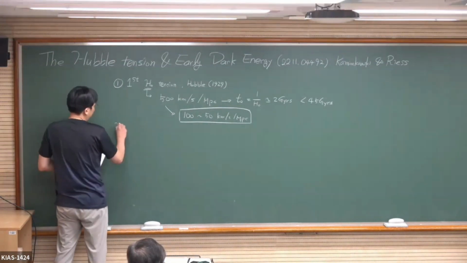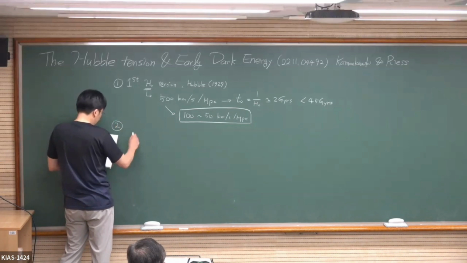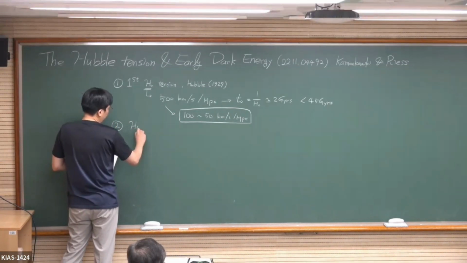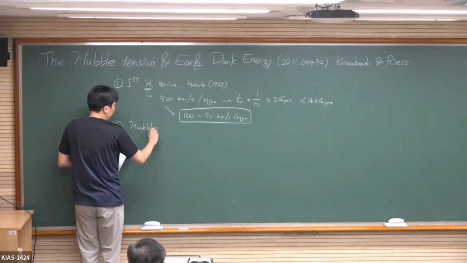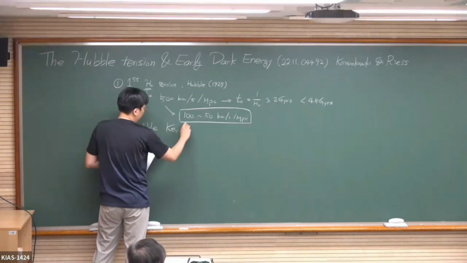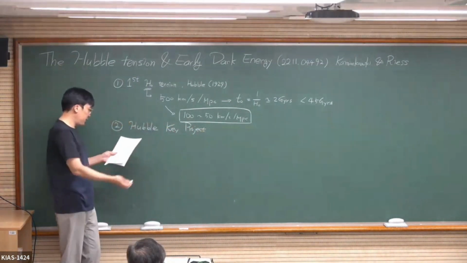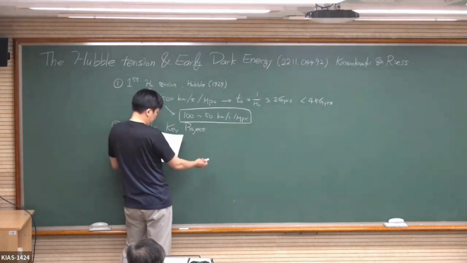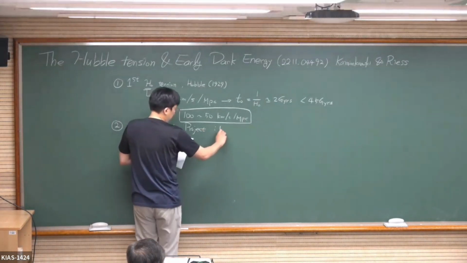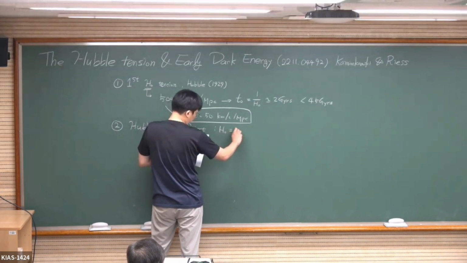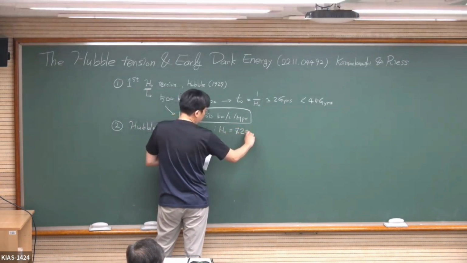The second Hubble tension mentioned in the paper is around the Hubble Key Project. Historically the tension is before the Key Project, but they mention it because this project settled the value of the Hubble constant around 72.